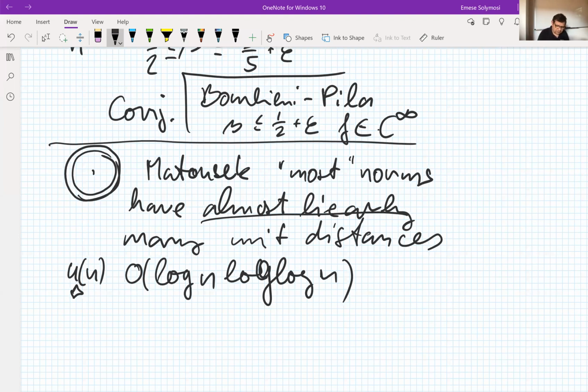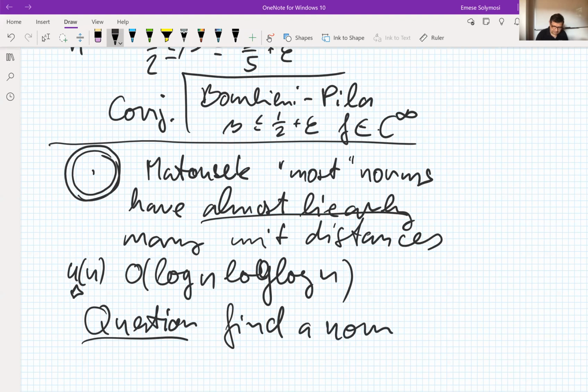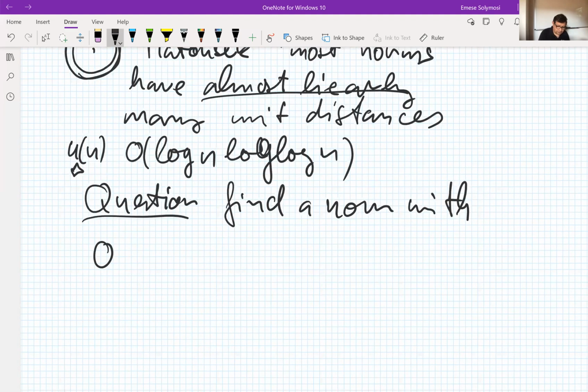And here it's an open question to actually find a norm where most of them have this property with, I don't know, say, n log n.